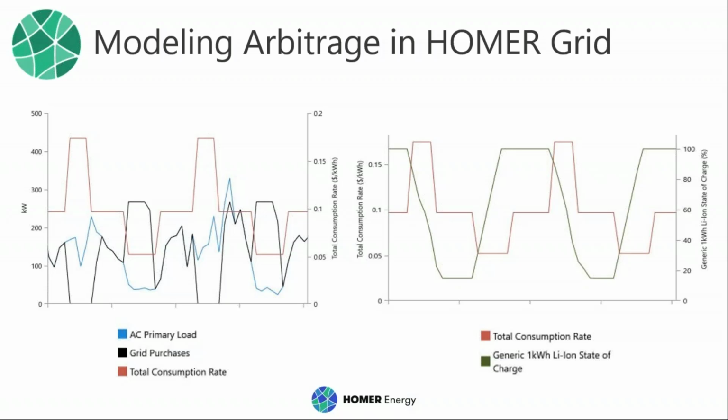Regarding the second value stream, arbitrage, this can come into play when there's a large difference between the on-peak and off-peak times for the energy prices. HOMER Grid uses price arbitrage, so it will serve the electrical load from the battery bank to avoid energy purchases during that high peak time.